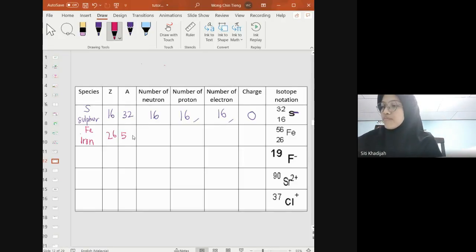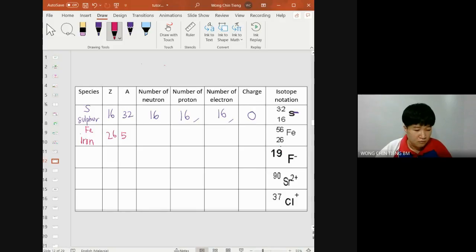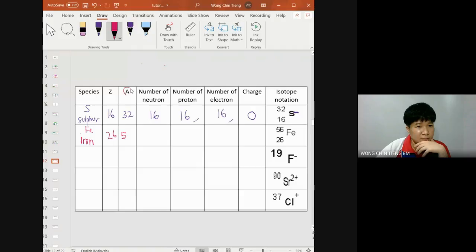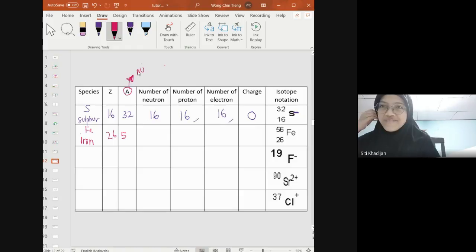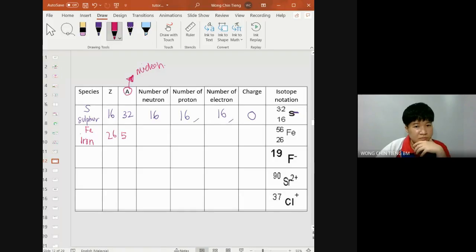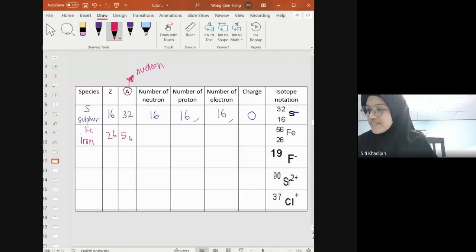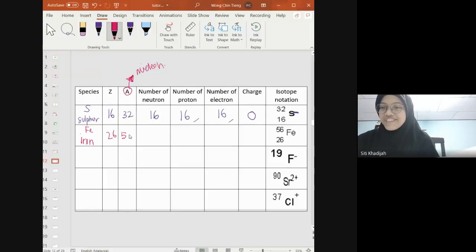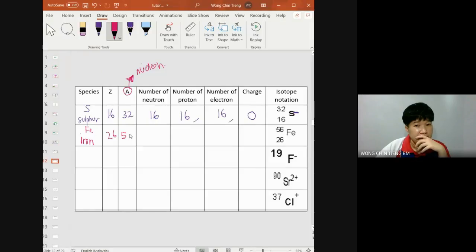Sebab proton tolak neutron. What is A? First question. Nukleon. Khadijah buat tak? Buat. And then kamu jawab 54. Silap ke? Tak payah silap weh yang ni. Tengok je, tak payah guna otak pun.